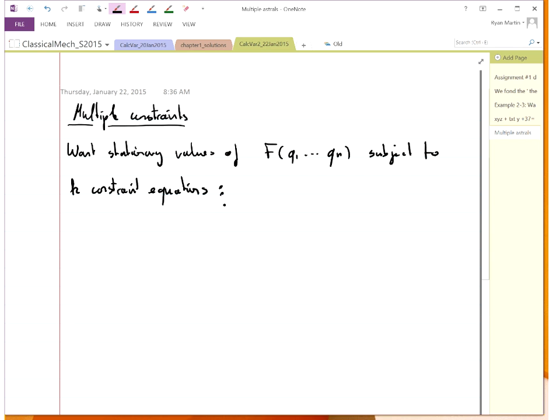So let's say we have k constraint equations. So we're going to label the k constraint equations as f1 of the q's. That's the first constraint equation. Then we'll have f2 of the q's equals 0, all the way to fk of the q's.